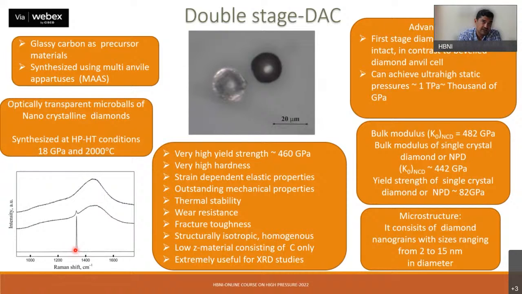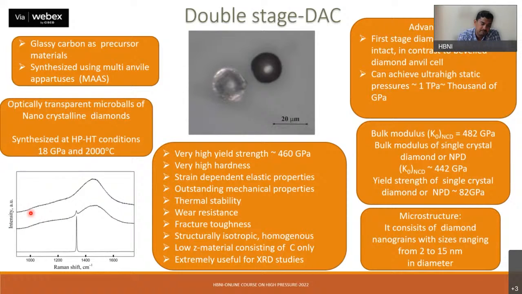So you see here at 1335 centimeter inverse, we see the first order diamond peak of single crystal diamond, while this is the diamond peak of nanocrystalline diamond, very broad, and it comes centered around 1500 centimeter inverse. And in this second pattern, there is still a signature of single crystal or polycrystalline diamond.